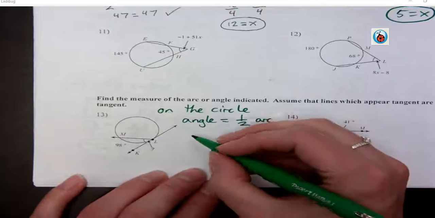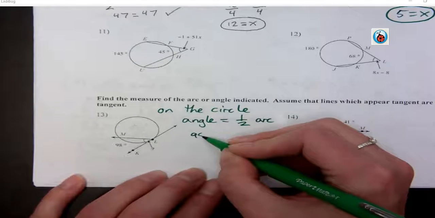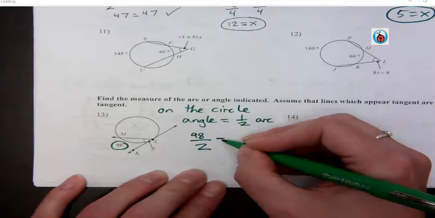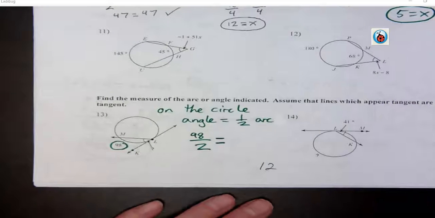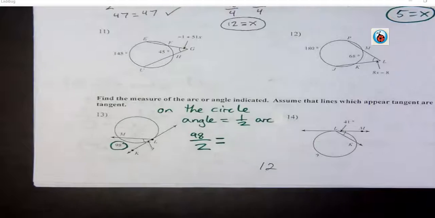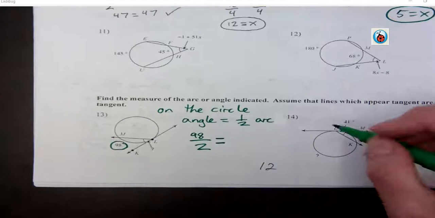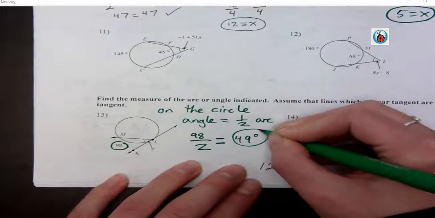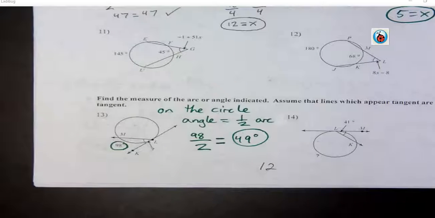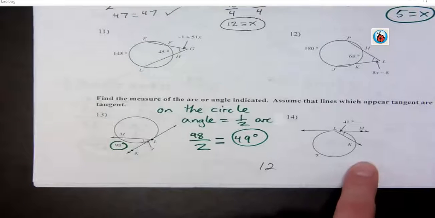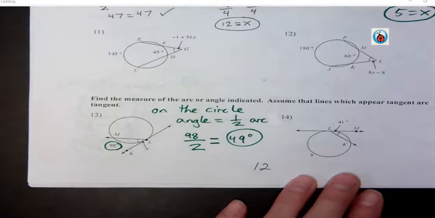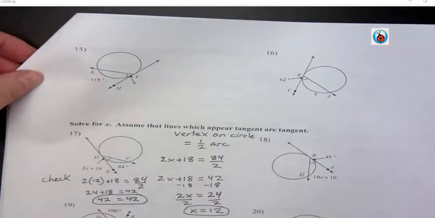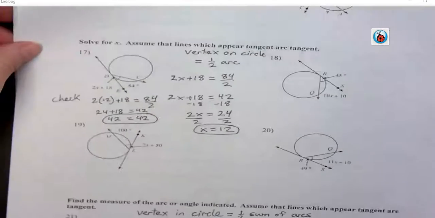And so I just have 98 divided by 2, because that's my arc, equals my 49, which is my answer. Alright, so then you go ahead and do the next one, or the next 3.